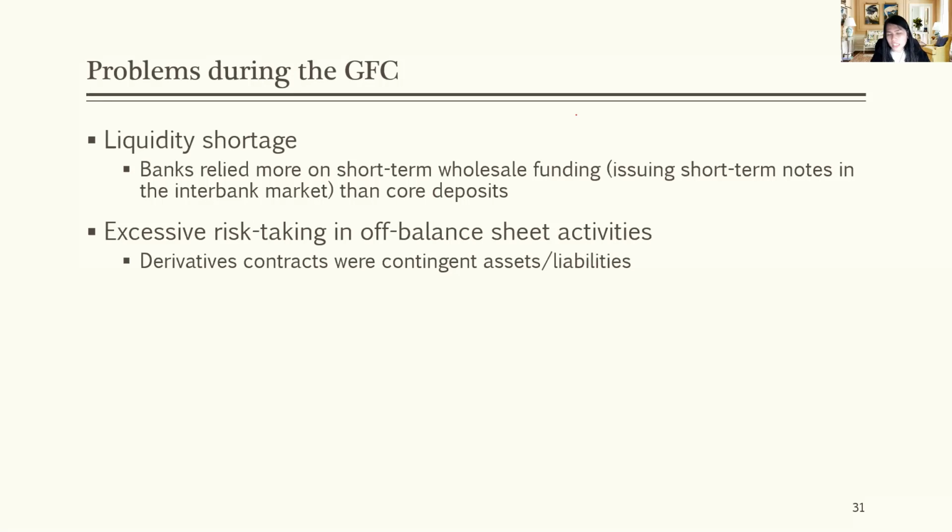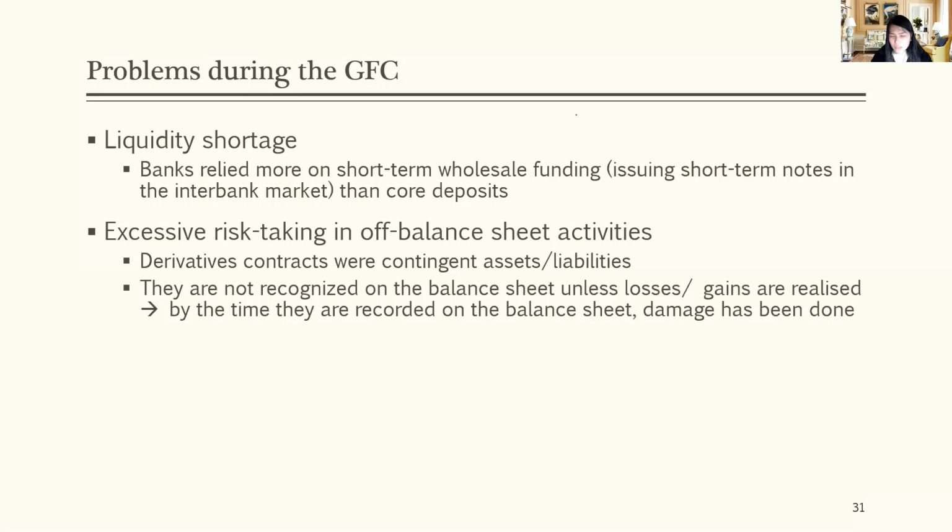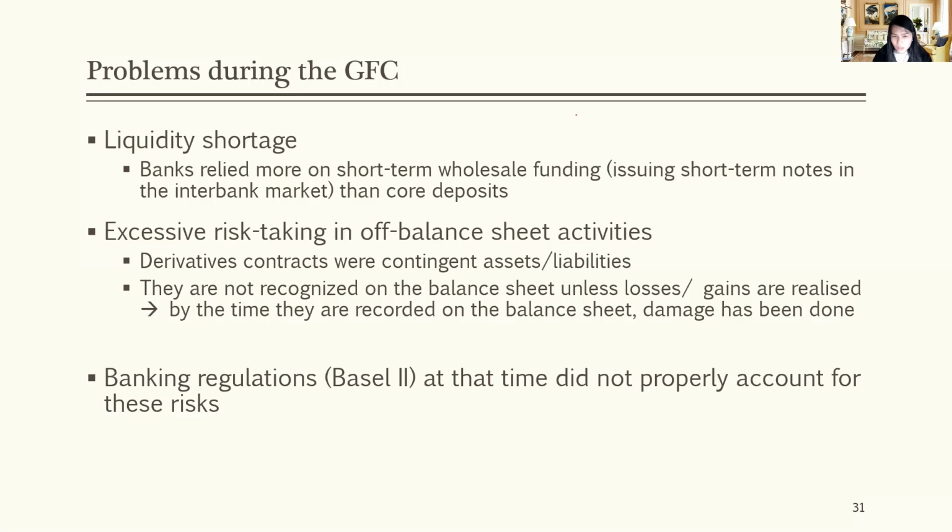Okay, so CDS and mortgage-backed securities were off-balance sheet activities because they were contingent. So what it means is that you don't recognize the significance of these activities until it is too late. Okay, so with Basel III, they have an additional regulation for off-balance sheet activities as well.